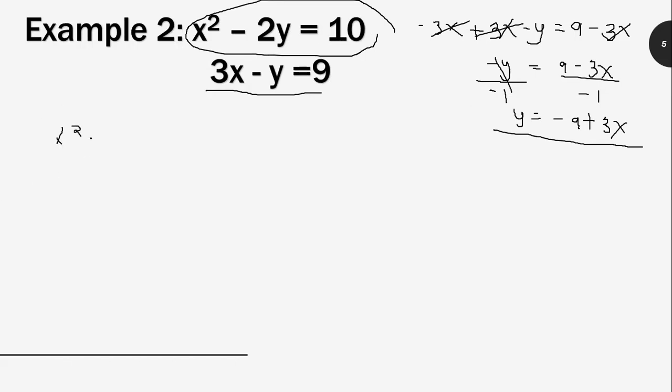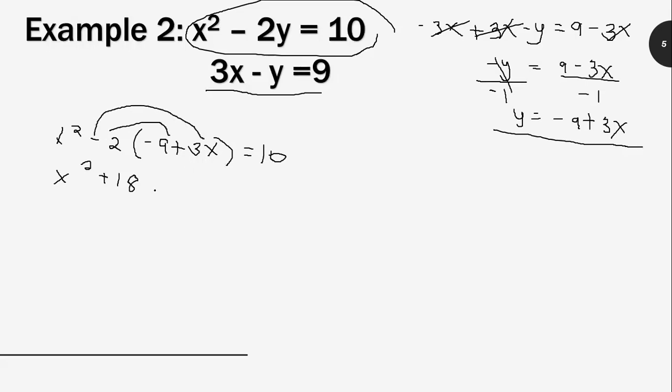x squared minus 2 times our value of y, which is 3x minus 9 or negative 9 plus 3x, is equal to positive 10. x squared, substitute po natin, negative 2 times negative 9, we have positive 18. Negative 2 times 3x, we got negative 6x, is equal to 10.